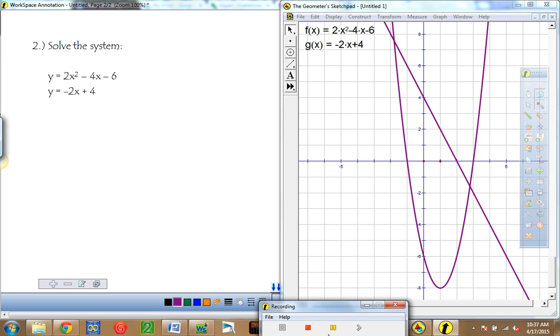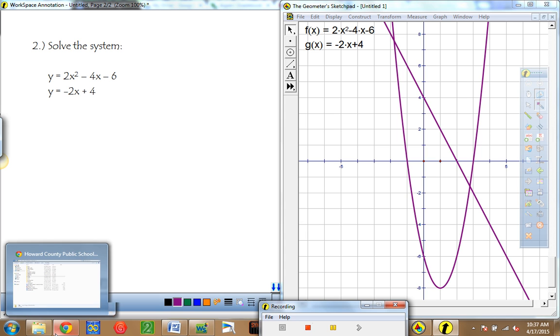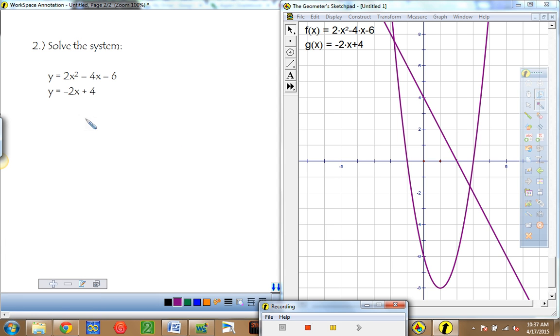Yep, a U and a line, so it should look like this. Okay? So if you go into second trace, and you go down to intersection, it's just going to ask you, is it the first curve, second curve? So you just hit enter, enter, enter, and it'll give you one of the intersections.